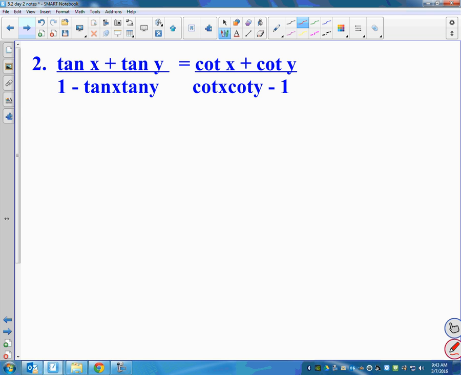For the second problem, I got to a certain point, and then I was like, wow. I feel like I wrote wow next to that.